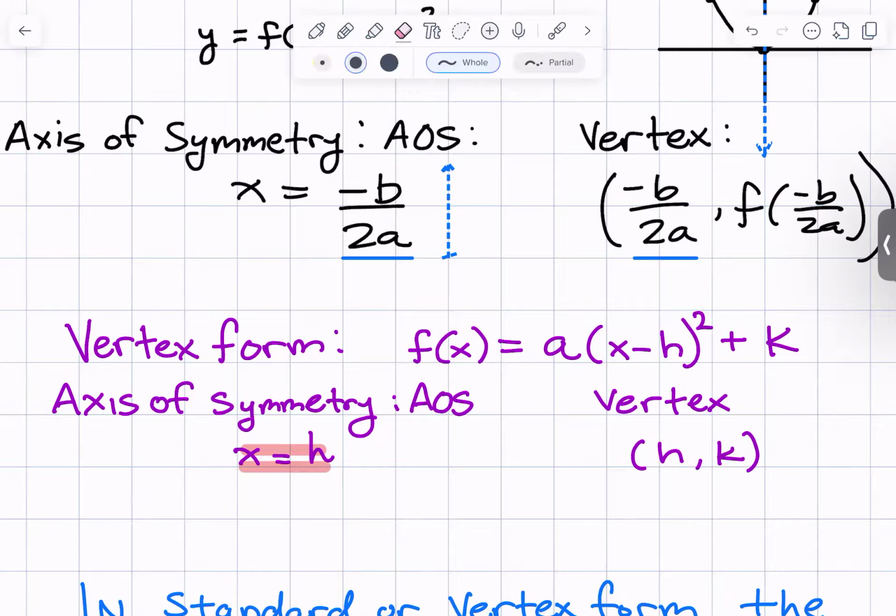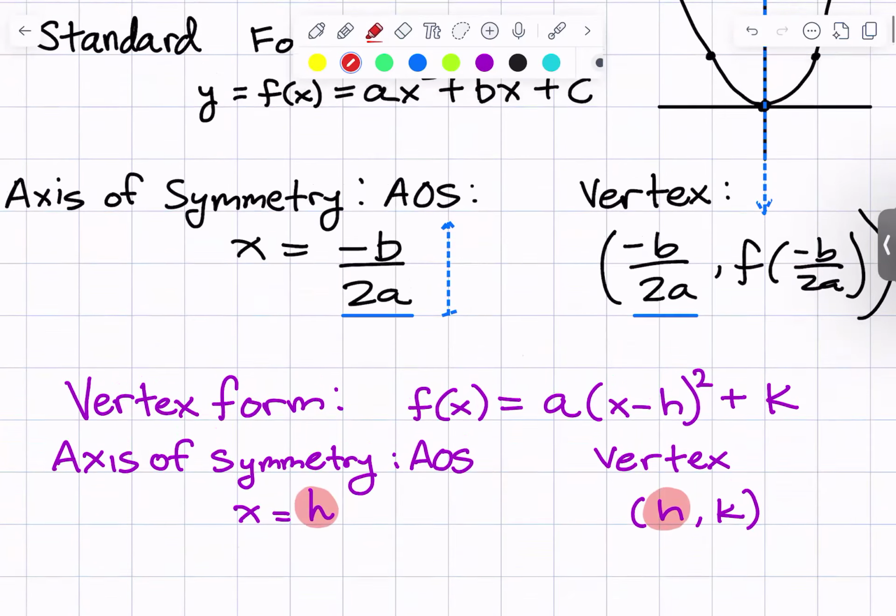And class, I want you to notice this too, okay? X equals h is my axis of symmetry, and the x coordinate of my vertex is h. Okay, so it has that quality as the same thing as my standard form.